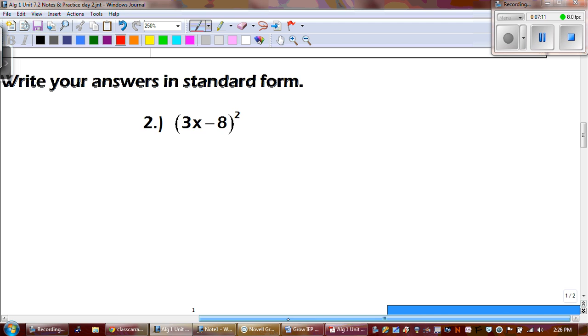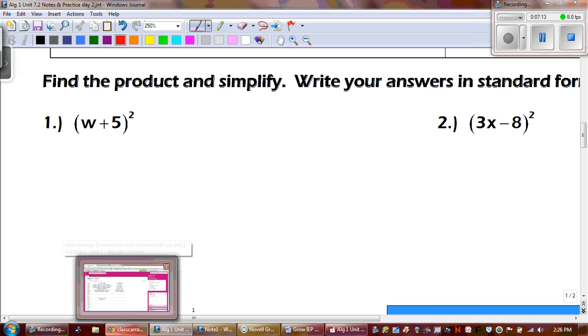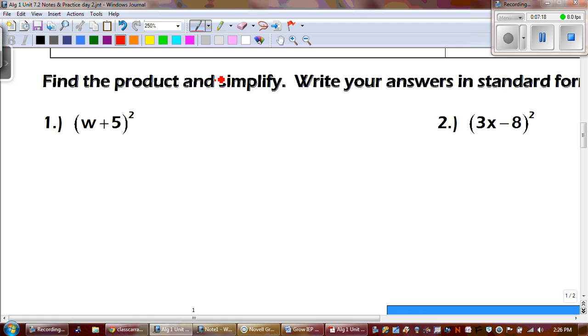Okay, so reading our directions, it says to find the product and simplify. Write your answers in standard form. So I'm going to do the box for some of these, and then I'm going to do standard form, or the distribution, for the others. Okay, so let's start with doing the box. Remember that exponent, the 2 right here, says that I need 2 of those.